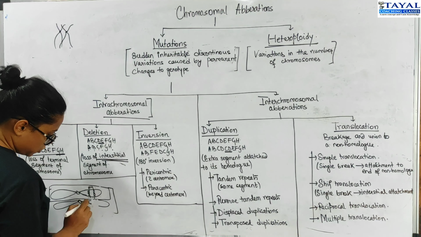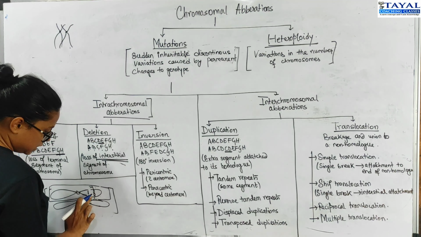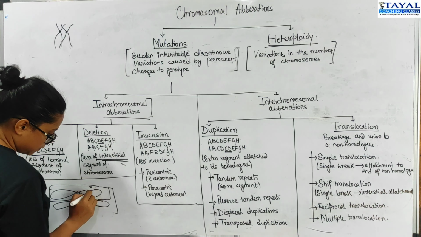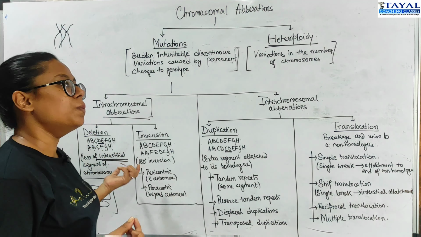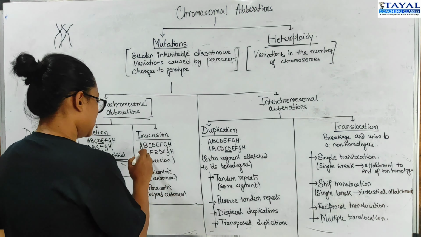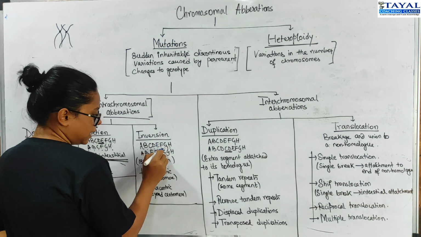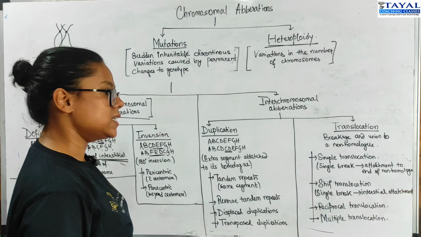So let's not make changes to the homologue. Let's make changes to the original. So instead of looking like that, it will now look like this. So it's a 180-degree change, correct? Better to understand it with alphabets. So A, B, C, D, E, F, G, H. Here, the FED segment has inverted itself 180 degrees.